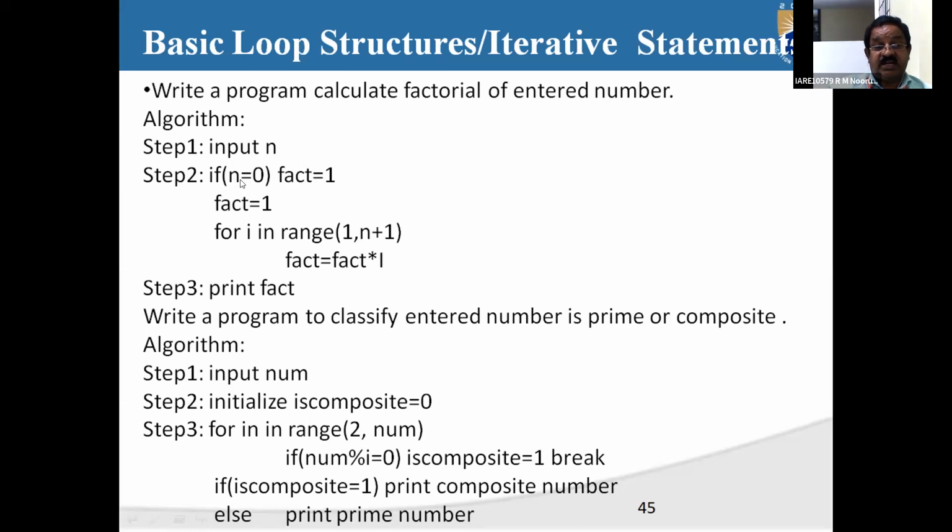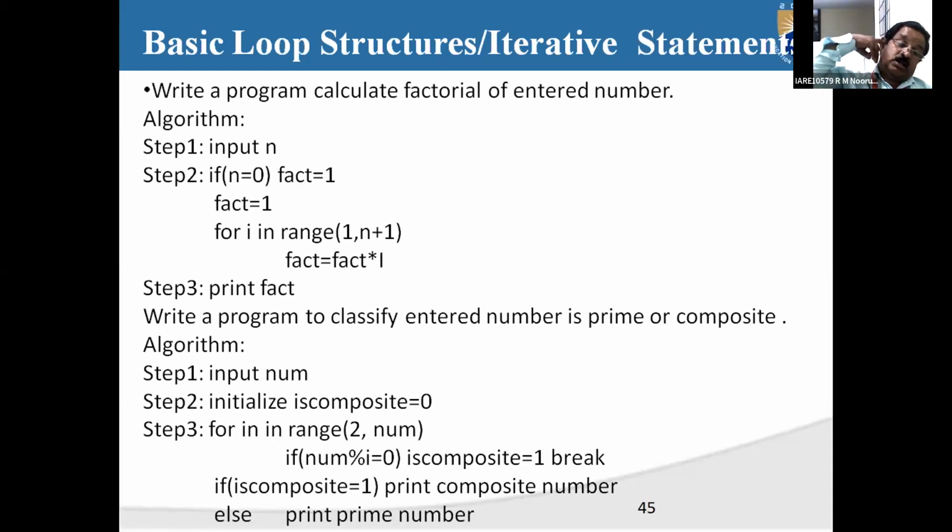If the entered number is 0, then the factorial will be 1. Then you will assign fact equals 1, and you're going to start with I in the range 1 to n plus 1. Let's say, for example, if I give the number as 10, then you are going to get the factorial of 10: 10 into 9 into 8 and so on and so forth up to 1, and you are going to print that particular factorial, right?